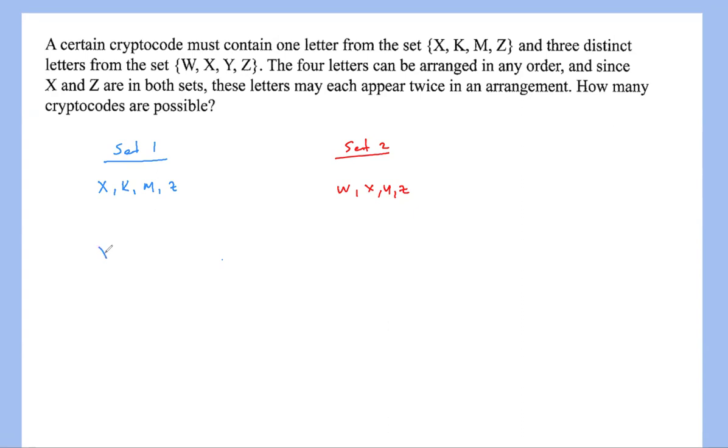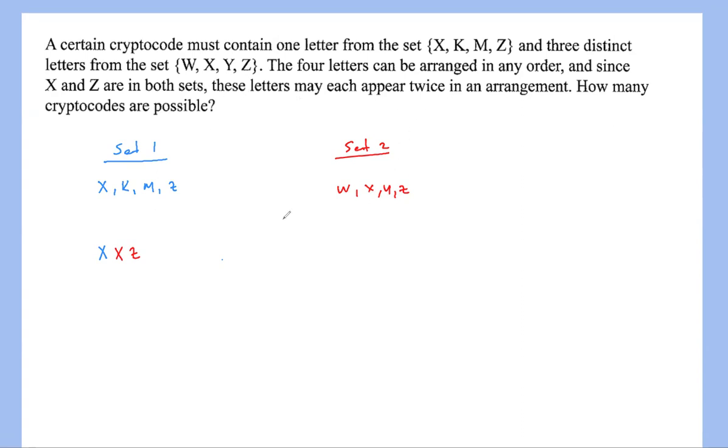So if I choose X from the first set, I have a couple of options for the choice from the second set. If I choose X from the first set, then I can choose X and Z, which are the bad guys, from the second set. If I choose both, then I already have three letters.